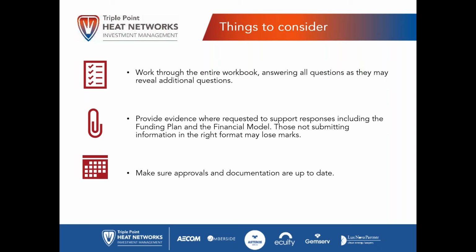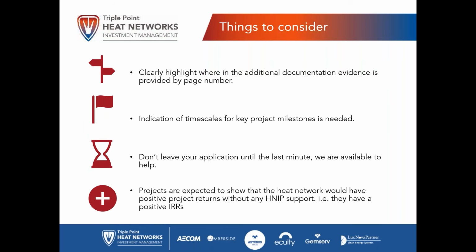We may have to come back and ask for additional evidence if you don't provide it initially, and this could slow things down. Make sure any approvals and documentation are up to date when you submit them to us. And as I've already mentioned, clearly highlight where in the additional documentation we should be looking for that particular reference.